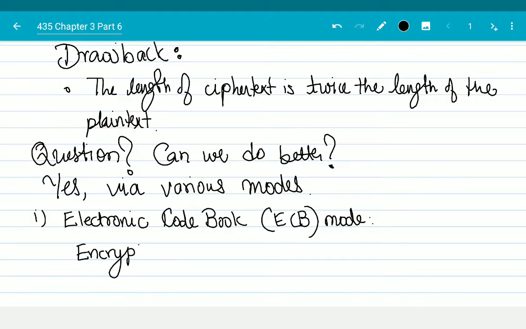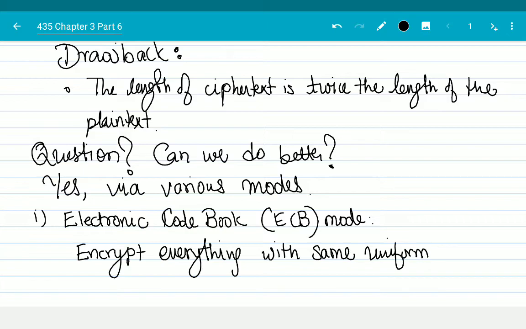Encrypt everything with the same uniform r.